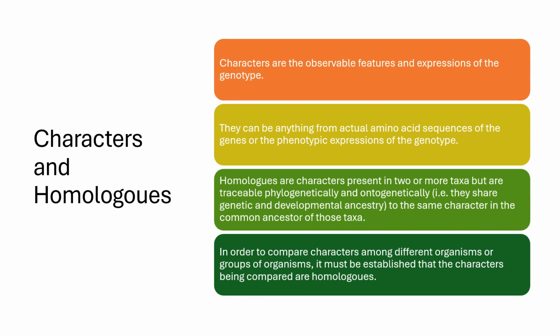Before we move on to what is phylogenetics, what is cladistics and other important terms, we will first talk about what are characters. Characters are the observable features and expressions of the genotype, and they can be anything from the actual amino acid sequences of the genes or the phenotypic expressions of the genotype.